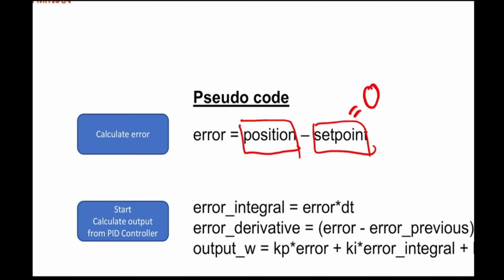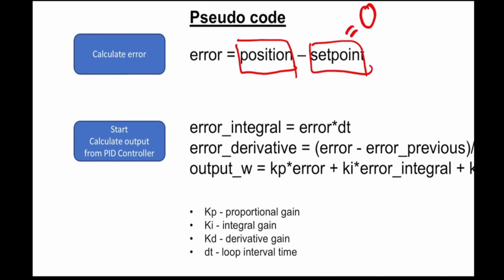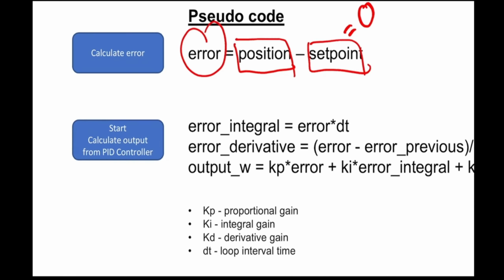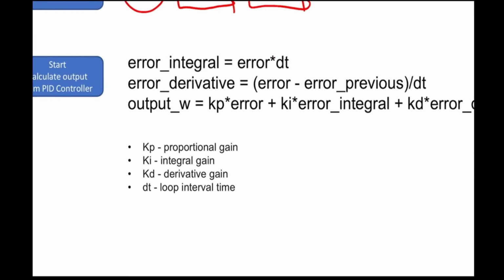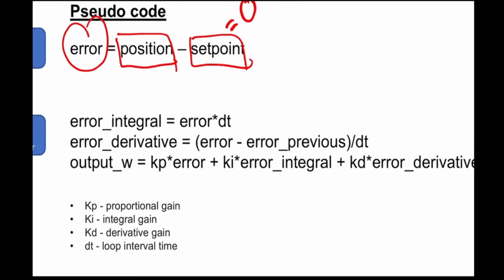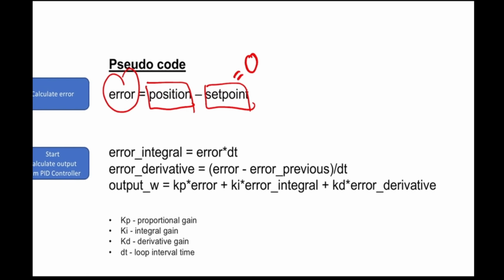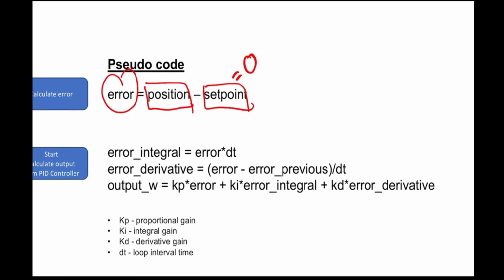Okay, and then when you got the error, I give you the pseudocode. You can use this to make your program. Let's focus on this line first.